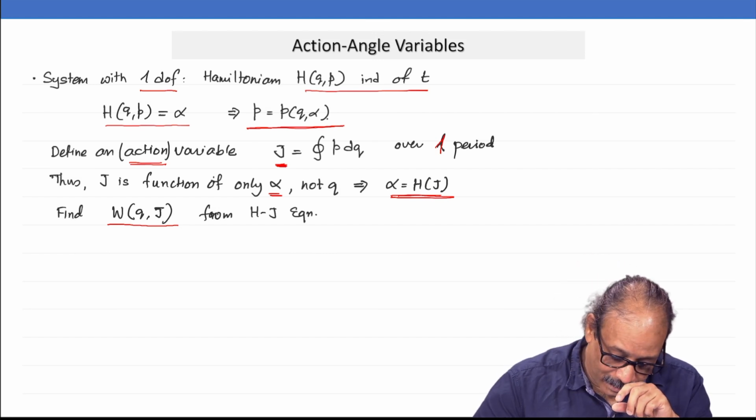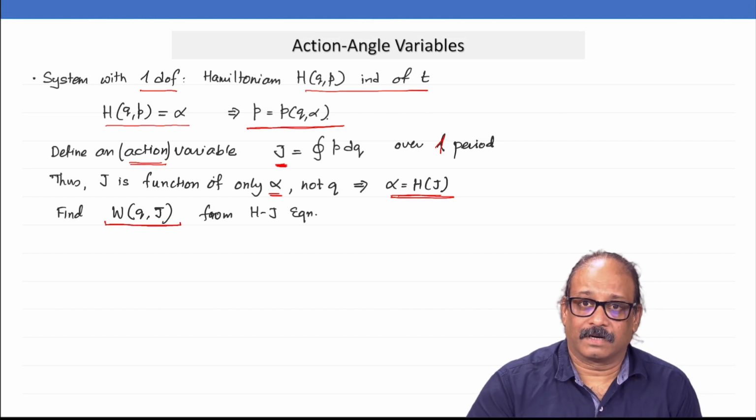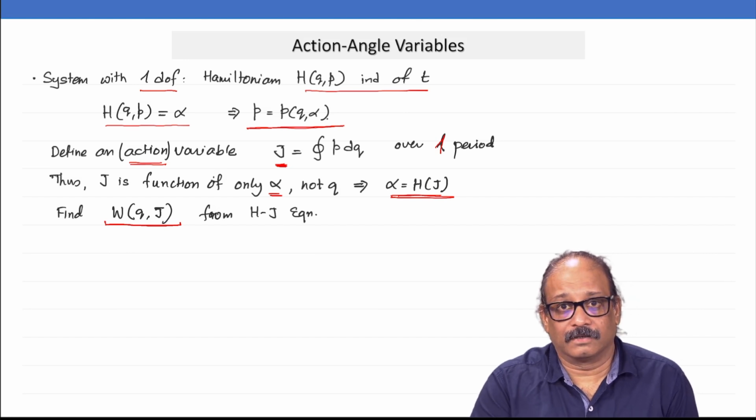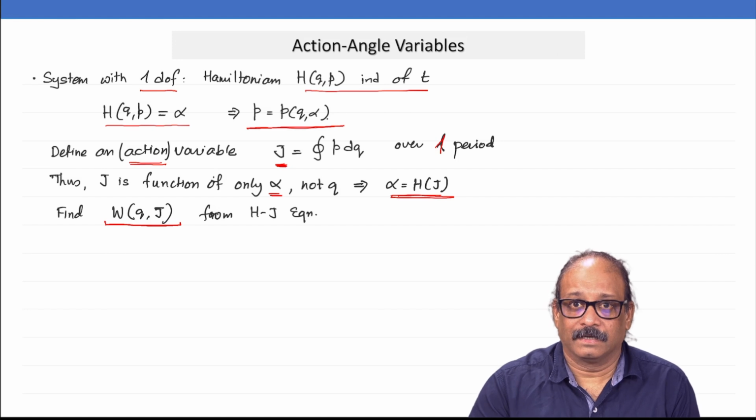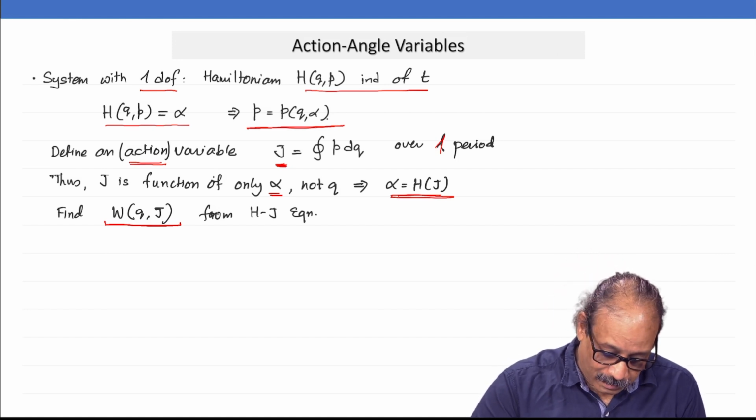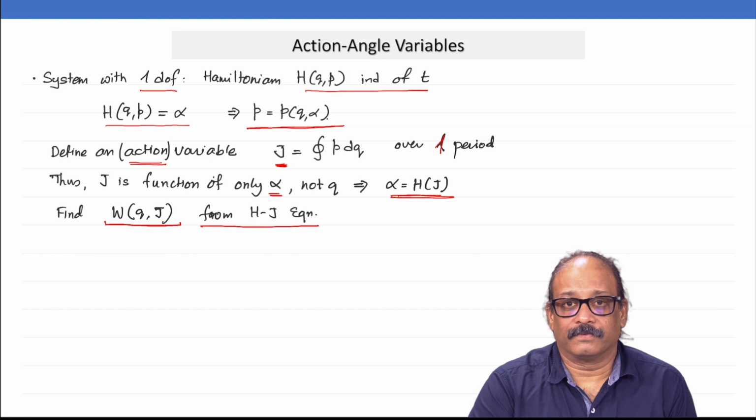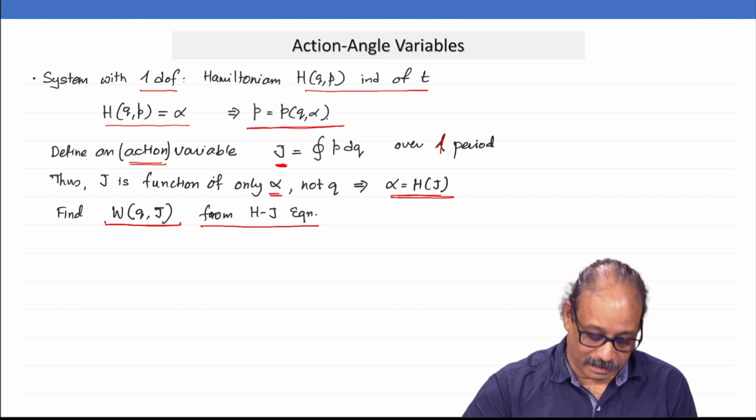Okay. Once you call it the new momentum, now I have this generator of the transformation or Hamilton's characteristic function, which is written in terms of q, which is the old coordinate, and capital J, which is the new momentum. Okay. And we of course find that by solving the Hamilton-Jacobi equation for this case.